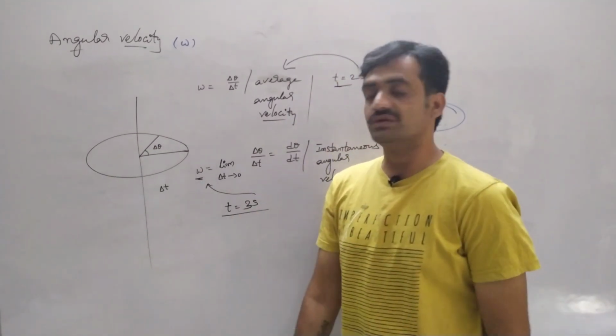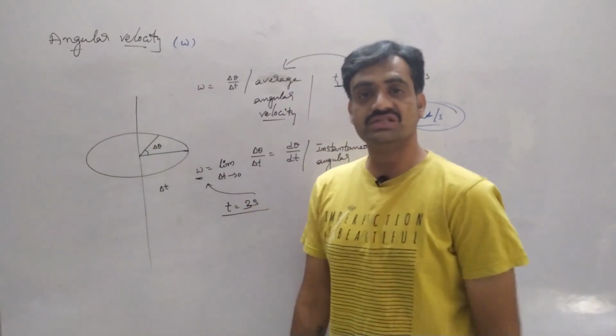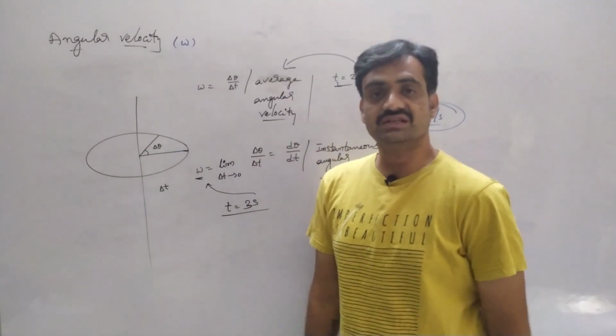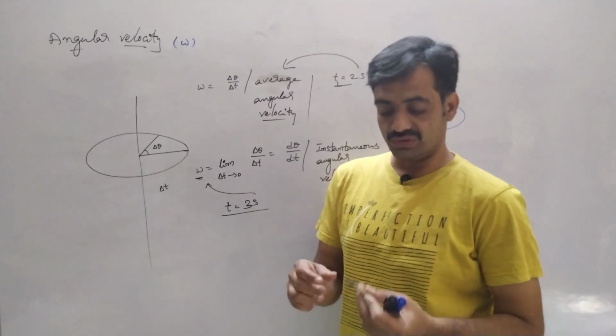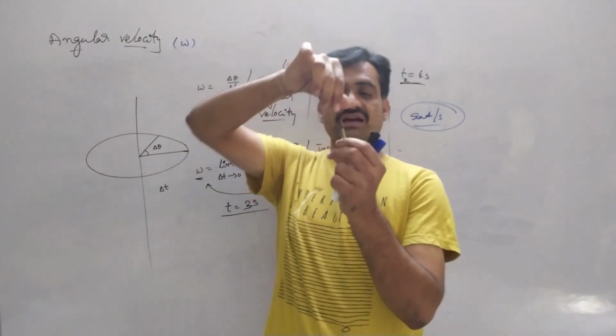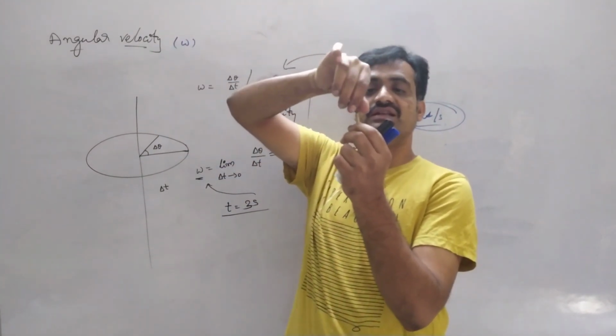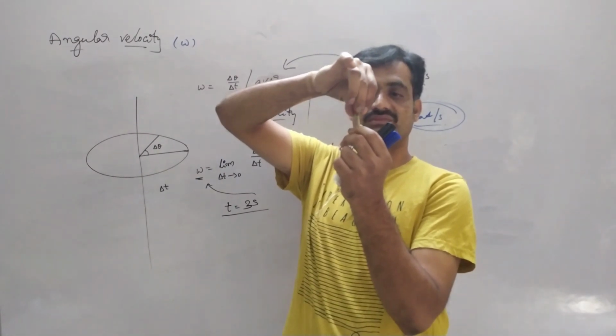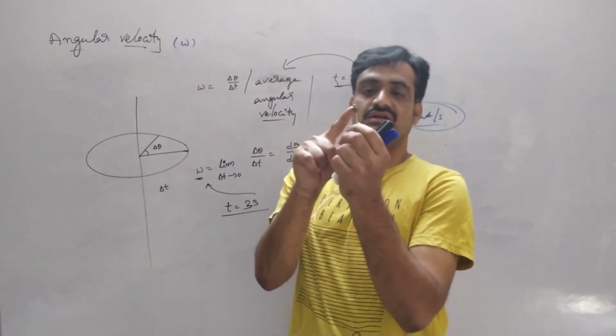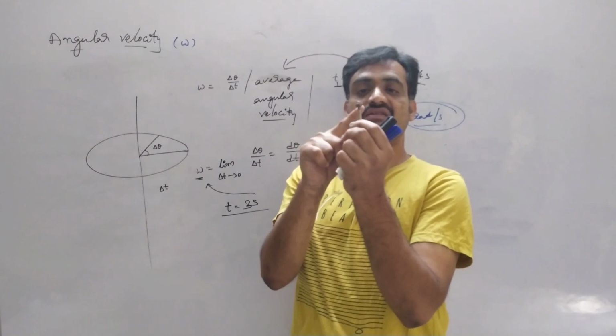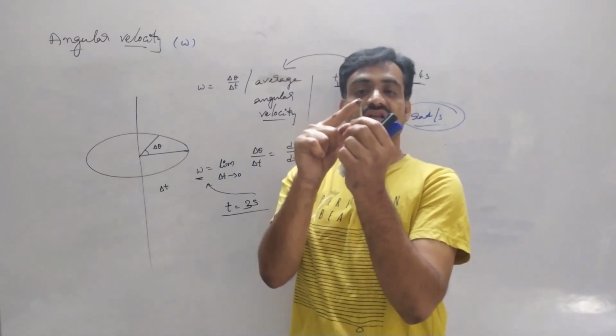Then we get a doubt: in what direction is this angular velocity acting? For this, let us consider a nut and a bolt like this. Observe that when the bolt is rotated in this direction, the angular velocity is acting in the upward direction.